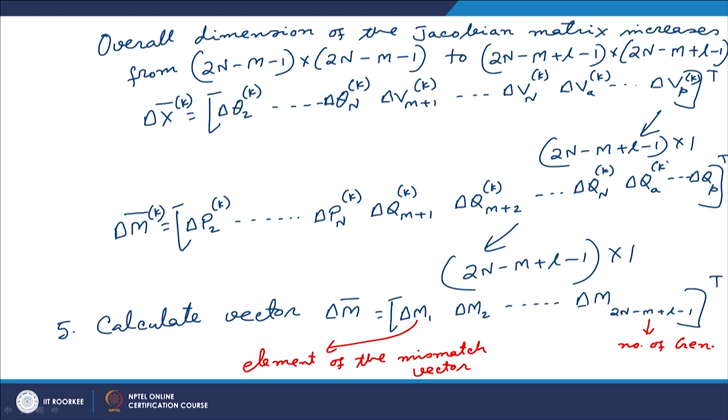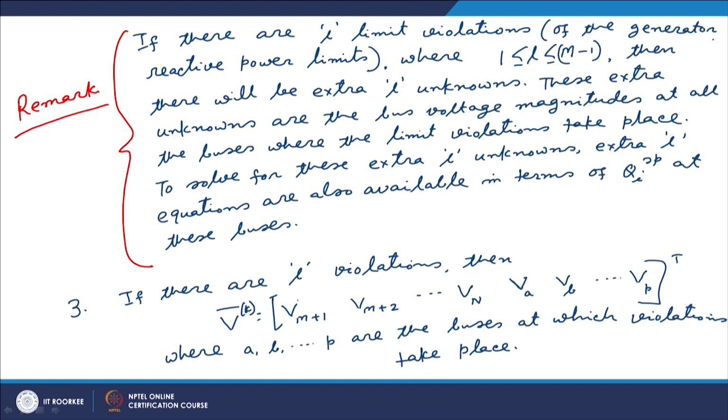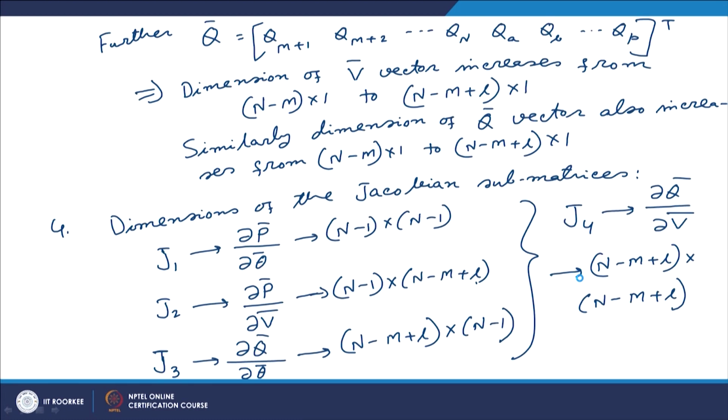Here also it would be k. These are all corresponding to the kth iteration. These are the unknowns which we wish to solve for, and these are the knowns which we would be using.